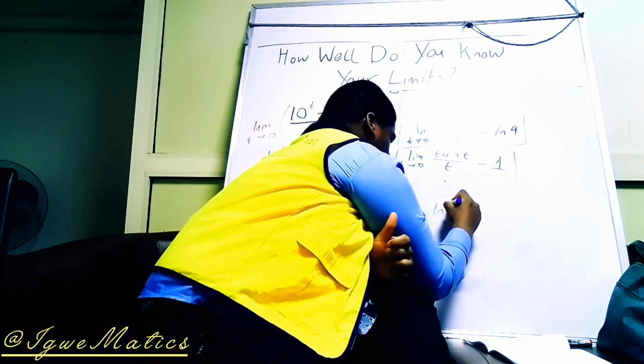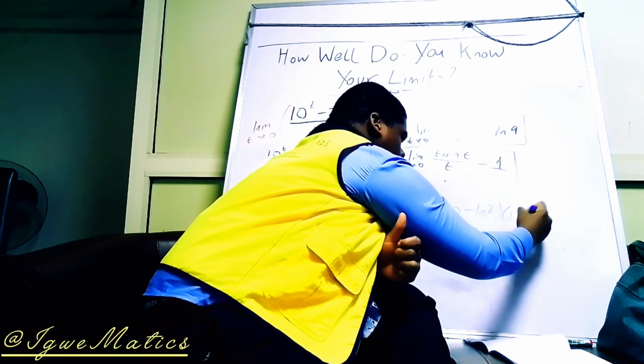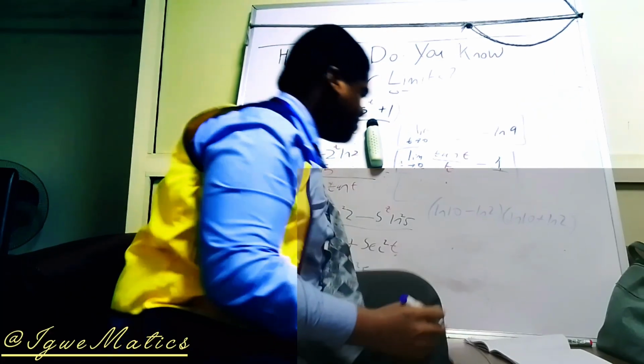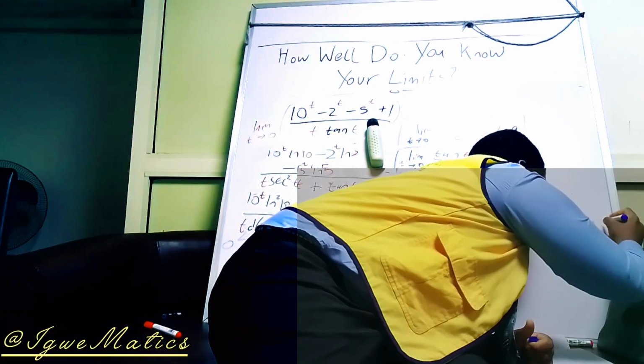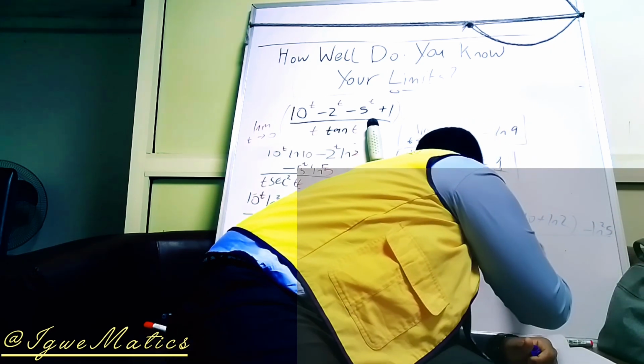This will equal ln 10 minus ln 2 times ln 10 plus ln 2. Don't forget minus ln squared 5 divided by 2.